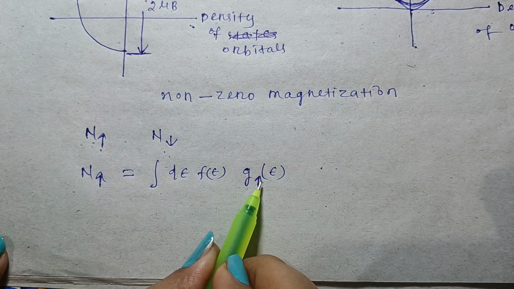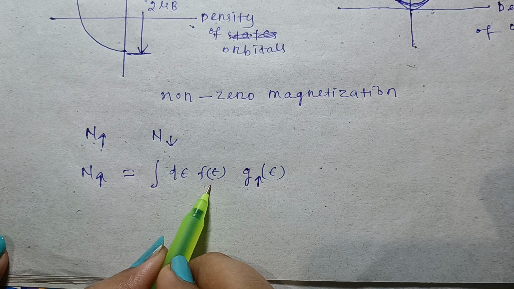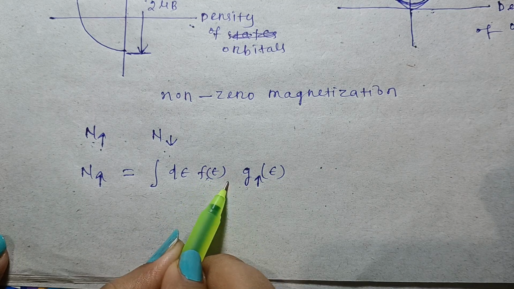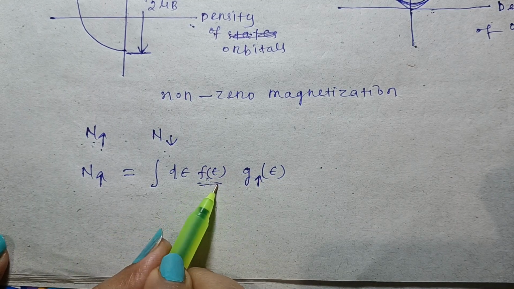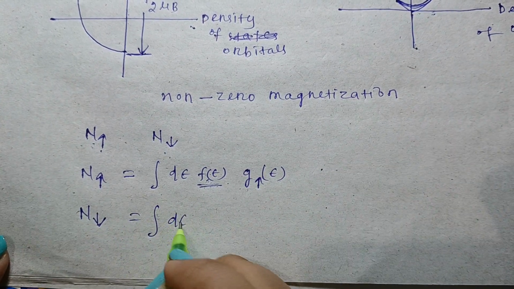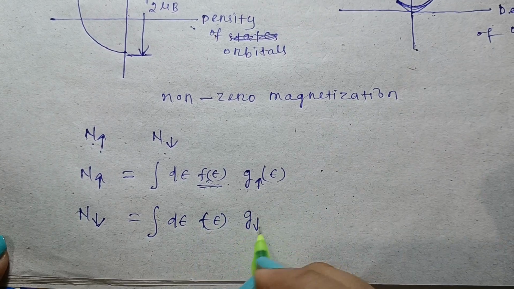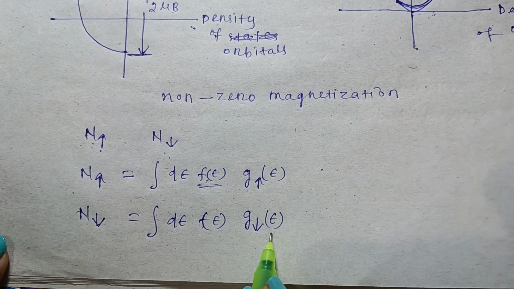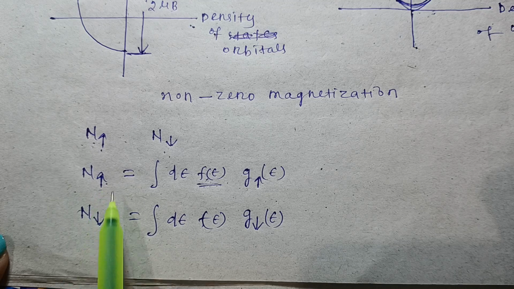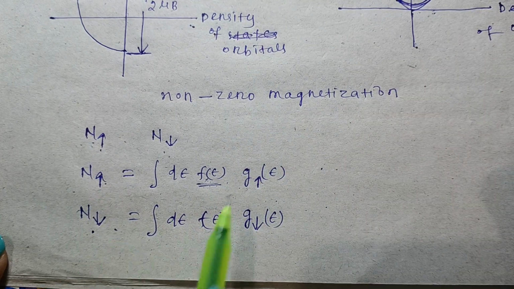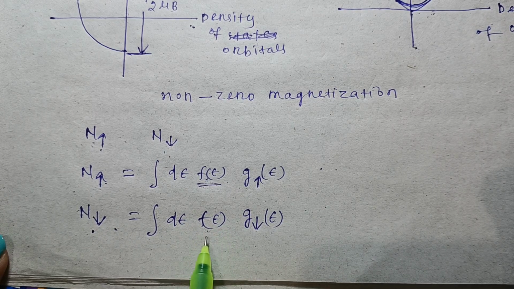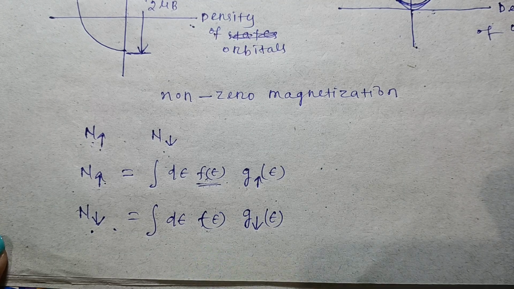This is the density of states for up spin, and f(E) is the Fermi-Dirac distribution function, which gives the probability of occupancy of any energy level. Similarly, N down spin will be the integration of dE f(E) G down(E). This is the representation of N up and N down, where f(E) is the Fermi-Dirac distribution function.